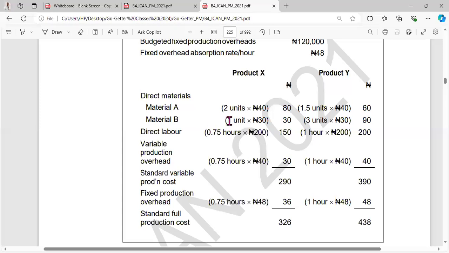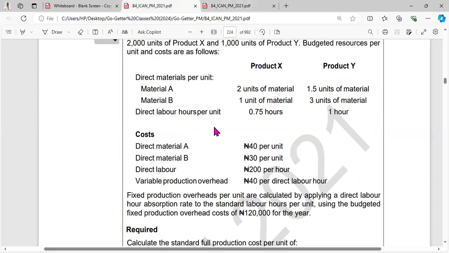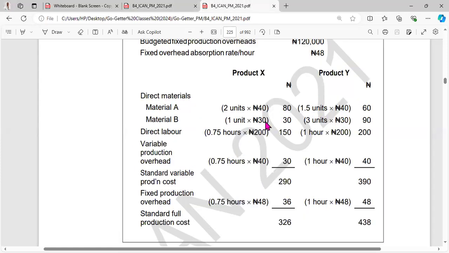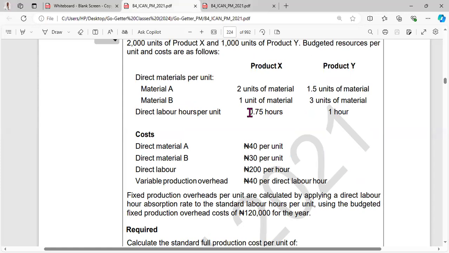Going to material B, we are using 1 unit here, and here we're using 3 units. The cost is 30. 1 unit times 30, 3 units times 30, that gives me 30, and this gives me 90. Direct labor, this is using 0.75 hour, and this is 1 hour, and the cost is 200.